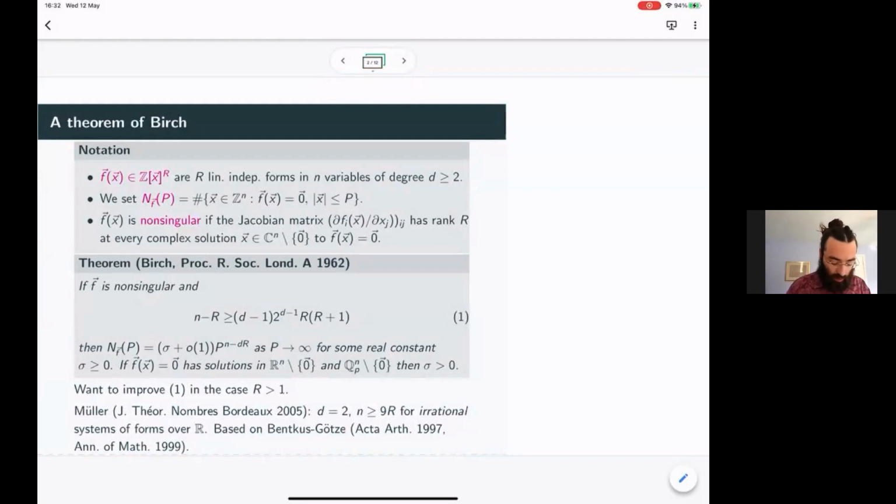We have this result of Wolfgang Müller, which seems to do rather better for systems of several forms, and we wonder how it is possible that the number of variables is less here. Where is the room in Birch's method for improvement?